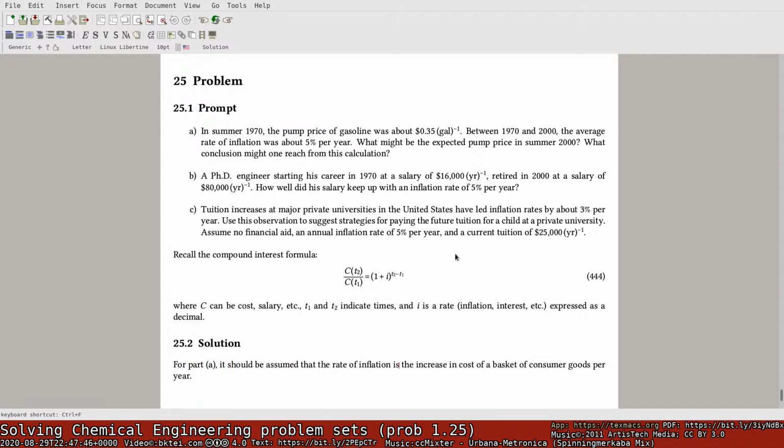The percentage increase, and that gasoline is, and that the yearly increase in price of gasoline rises at the same rate as inflation.